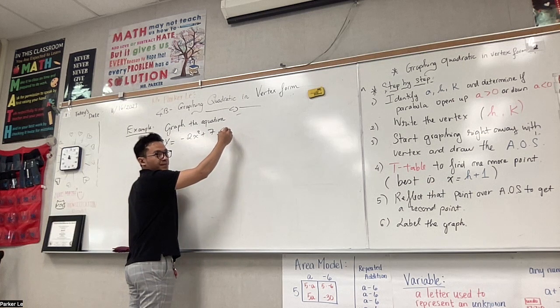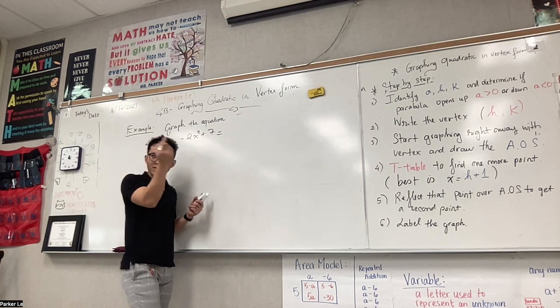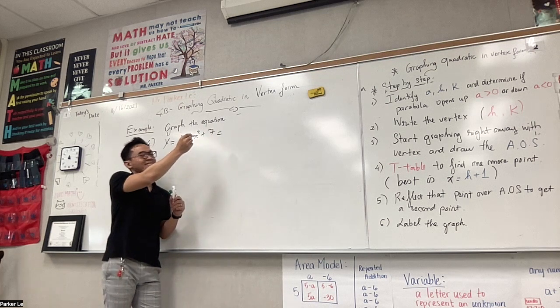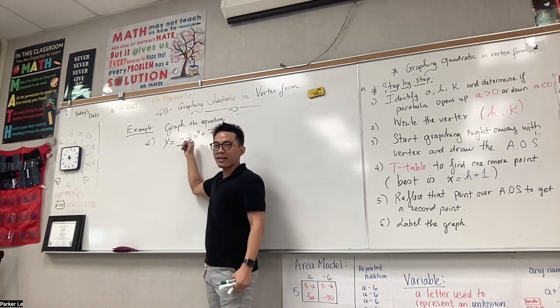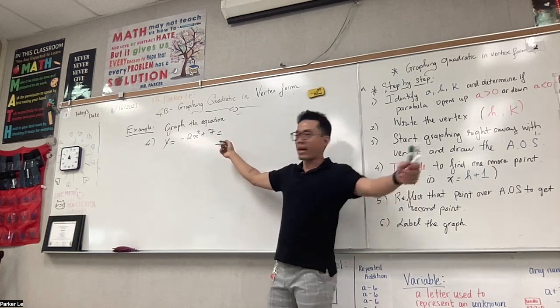Tell me what to write. If you say it correctly and I write it, it's correct. If I don't write it, then it's not correct. One try. I like one try. Rewrite this one to make it look like vertex. All right, Amy?